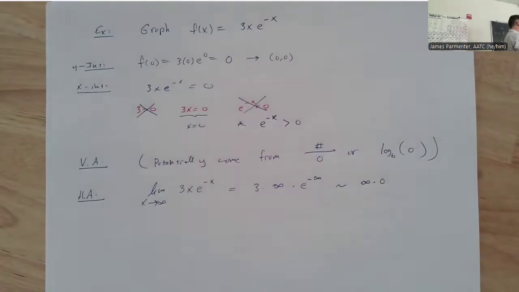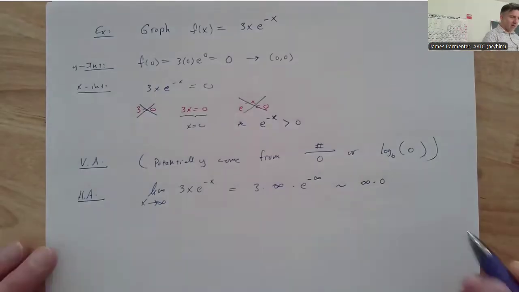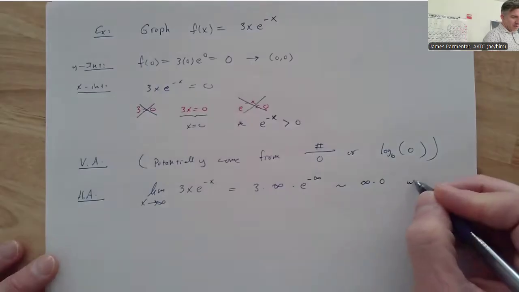It's a number that's really small, but then you're multiplying by a number that's really big. And so the result could be anything. That's why it's called an indeterminate form. Whenever you happen upon something like this, the result could be literally any possibility, which is why we have to do more work. So here we're going to leave this alone for a minute, and we're going to come back to it after we graph it.